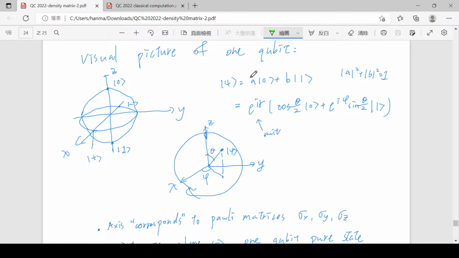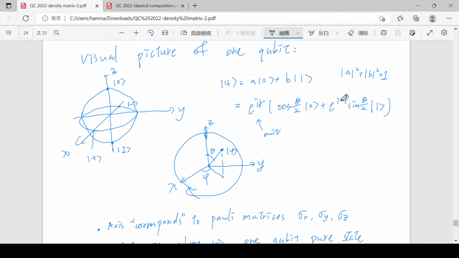What happens is we describe two complex numbers, two complex coefficients, with 4 real numbers, and we have 1, 2 here. It's a little weird, but there's an extra constraint, so actually there are 3 coefficients here.